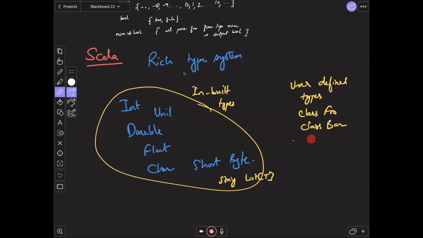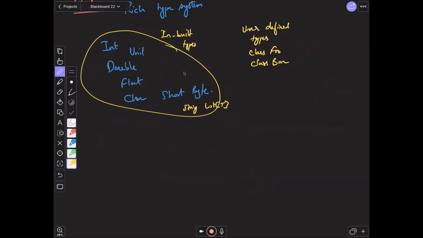Now, the interesting thing is there is a type hierarchy. So you can create type hierarchies, and the idea here is you can have classes that inherit from each other. So you can have foo and you can have bar, because bar extends foo. So you can have these inheritance relationships.